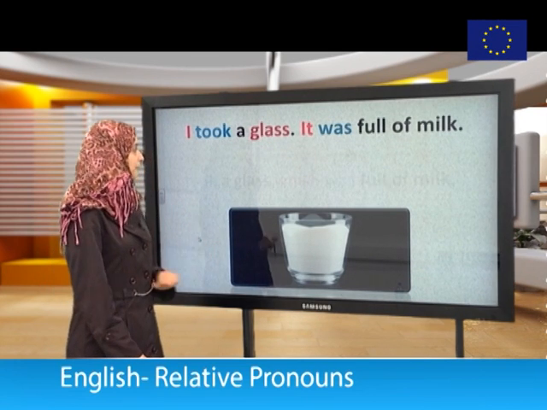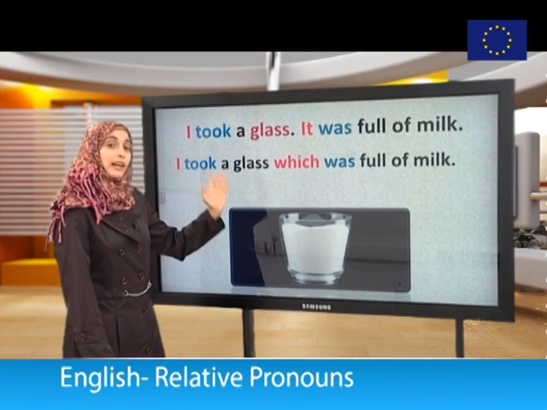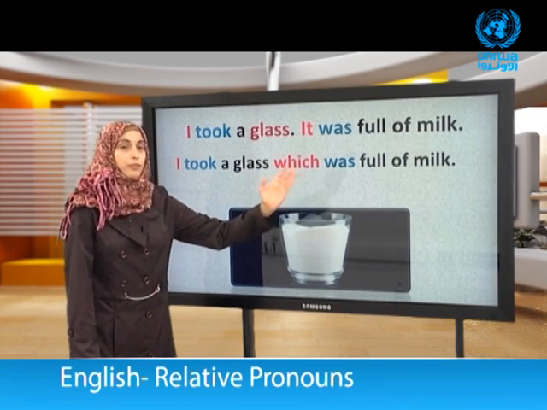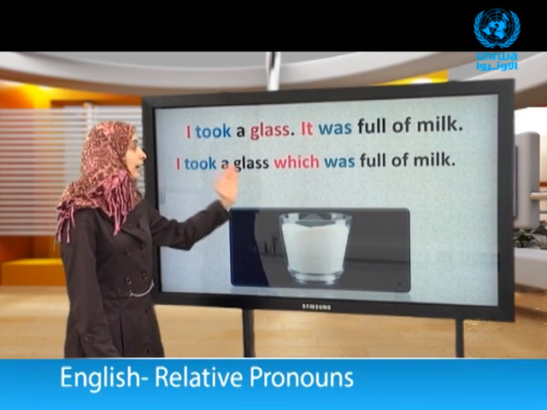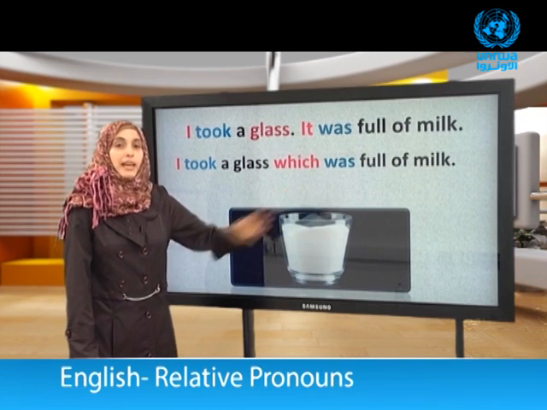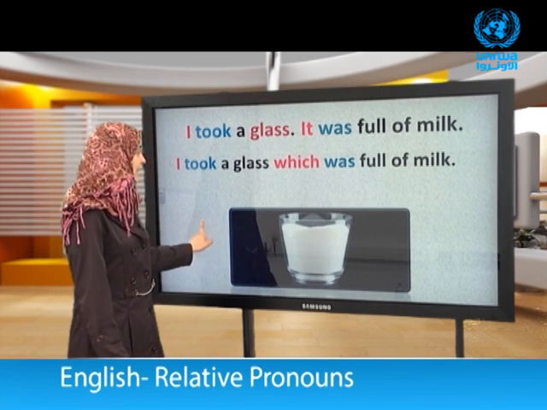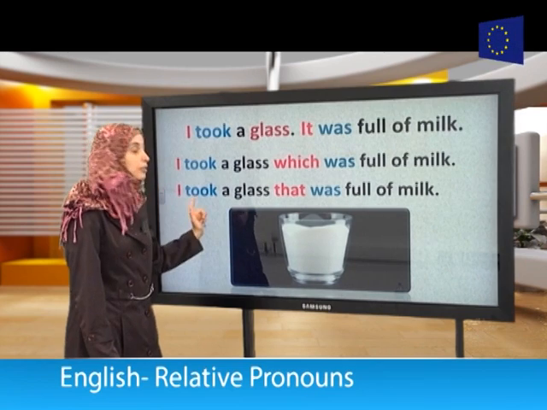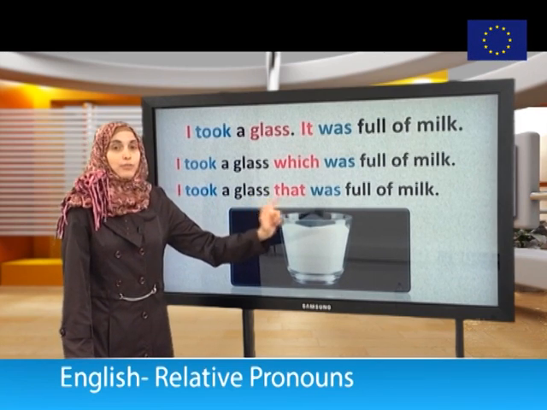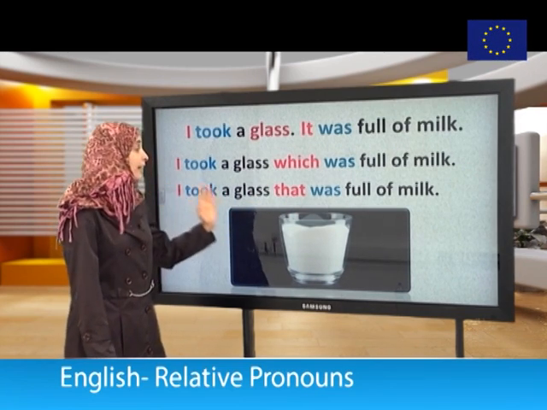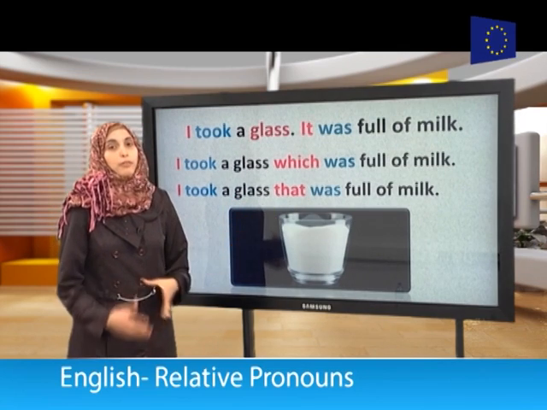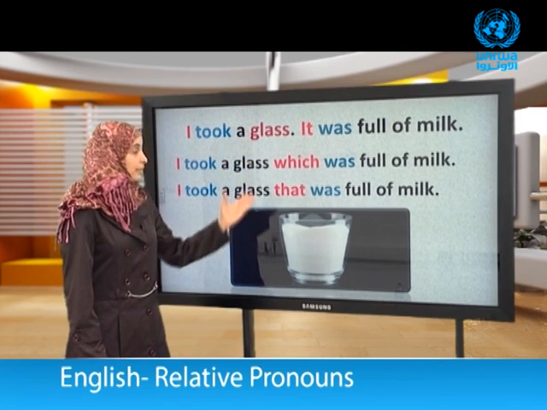Excellent. We can say, I took a glass which was full of milk. Or we can say, I took a glass that was full of milk. We're talking about a thing here.